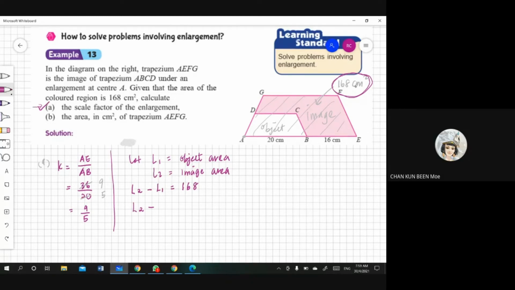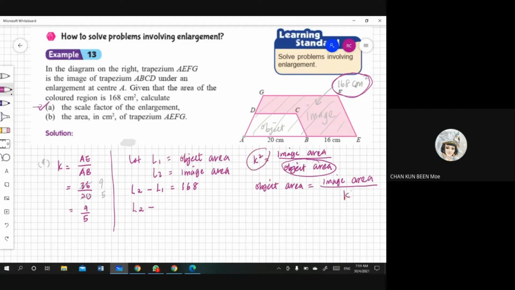If you still remember, K squared equals image area over object area. L1 is the object area, and we are looking for it. So the object area will be equal to image area over K squared.